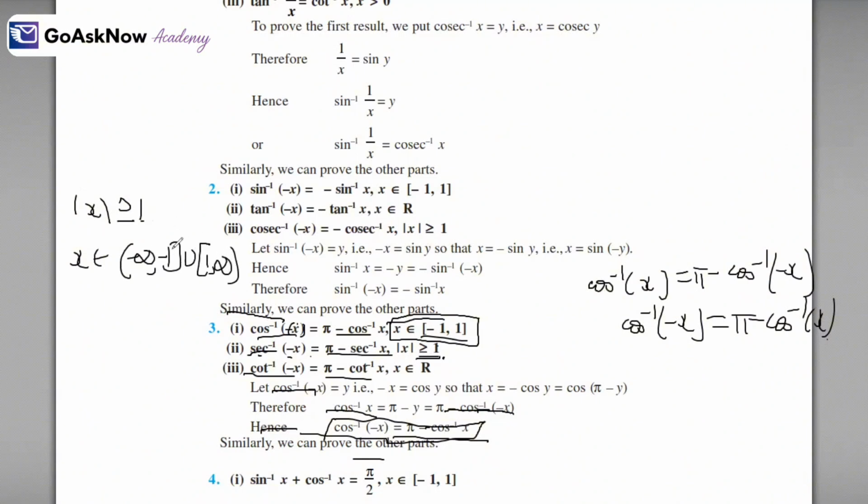Similar to that, this is written like this: mod x is greater than or equal to 1. Similarly for cot inverse x, the range is real numbers, so that is why it is written x belonging to real numbers. So I hope that you got why the restrictions on x are there. So let's move to the next part and see the next type of questions, or properties, like formulas. What are the next formulas?